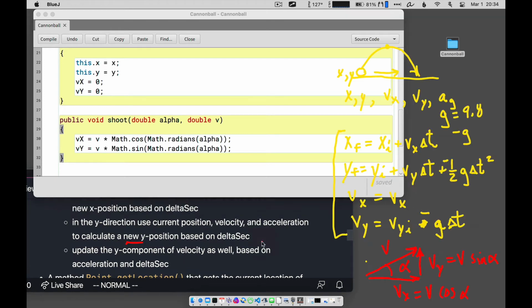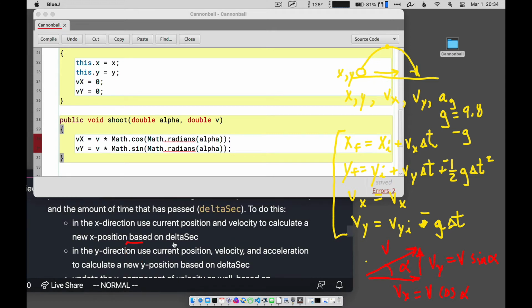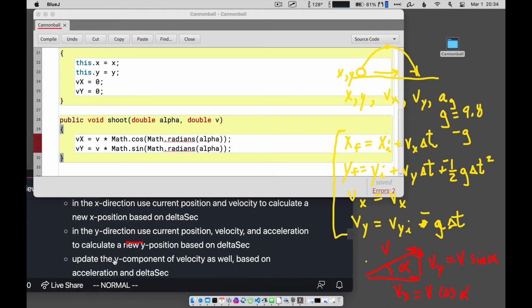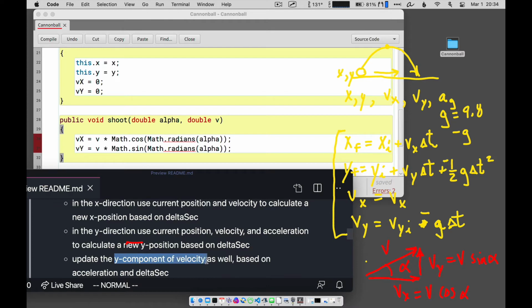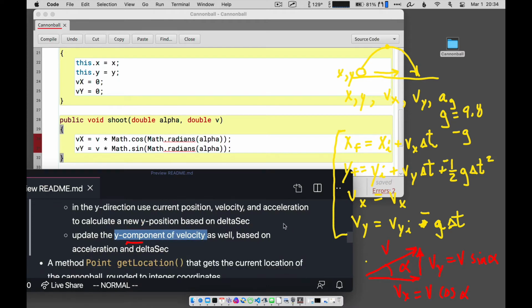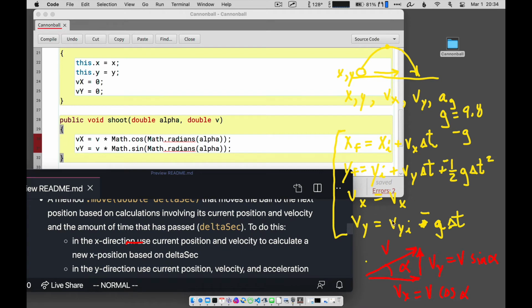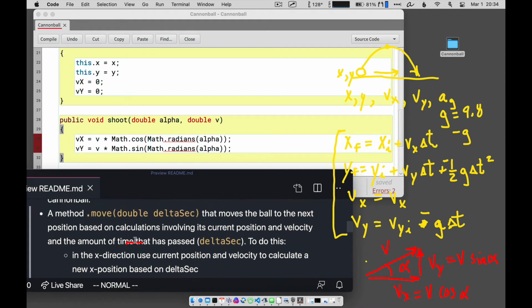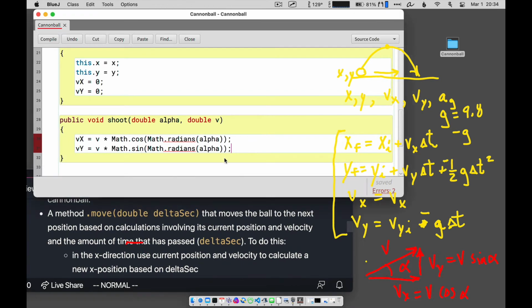Oh, so this is what I was talking about over here. We're going to calculate those new x and y positions. And also there's a note here that we're going to be updating the y component of velocity. Okay, got it. So let's calculate x and y. Every time we call move, it's going to find a new position for those.